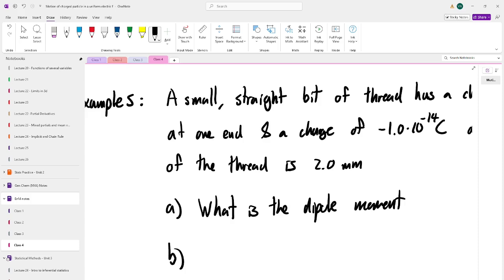And then B, they want to know what the torque is.